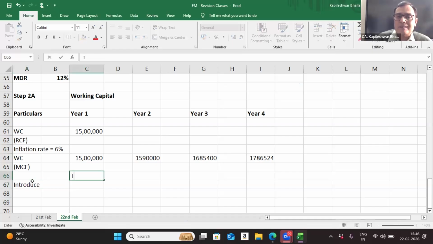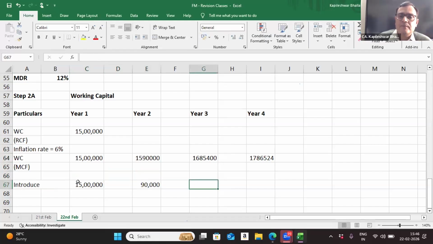Let me put this down as time 0. Then we can say time 1, or maybe let's not confuse this at the moment. Let's just see what will be introduced. You will introduce 15 lakhs in this case. You will introduce another 90,000 in this case. And what is the difference between these two?